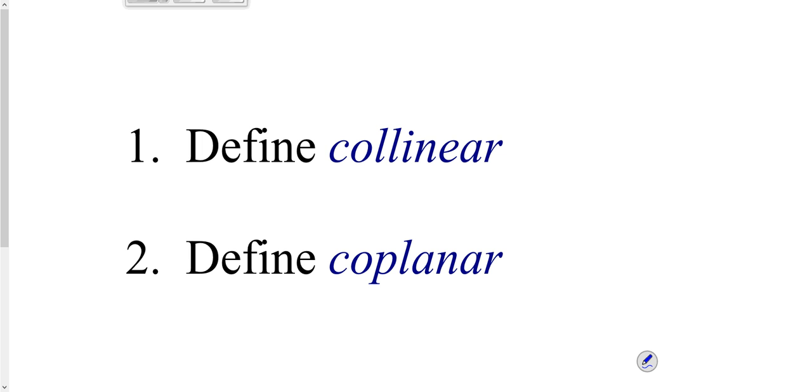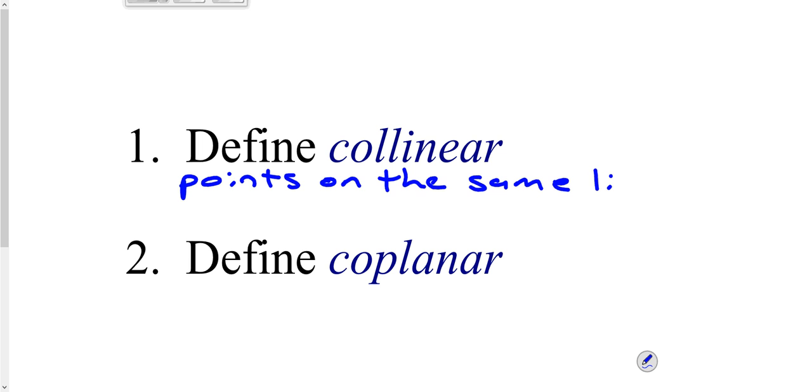Collinear is points on the same line. Any points that are on the same line. Any points on the same line are collinear.